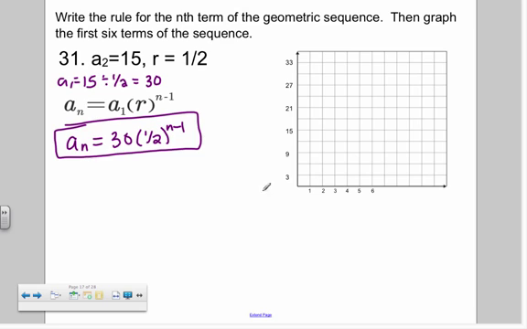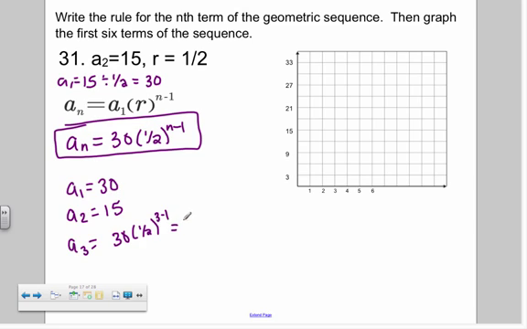Now they're asking me to graph the first 6 terms of the sequence, which means I need to calculate what those first 6 terms are. I already know that my first term is 30 and that my second term is 15. Those two were given to me up here. Now I want to calculate the third term. So I'm going to do 30 times 1/2 to the 3 minus 1 power.